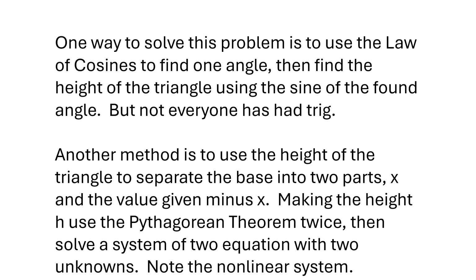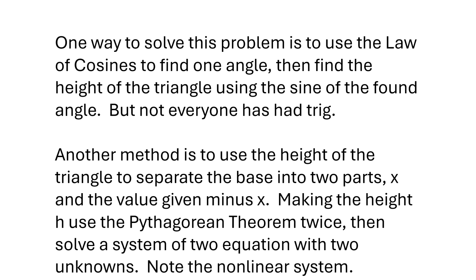Another method is to use the height of the triangle to separate the base into two parts, x and the value of the base minus x. Making the height h, use the Pythagorean theorem twice, then solve a system of two equations with two unknowns.